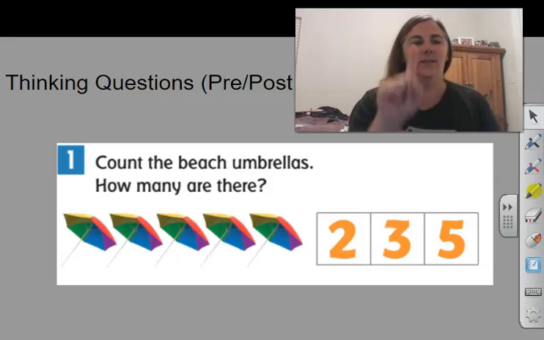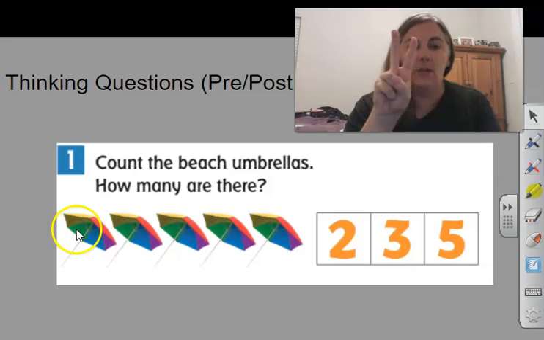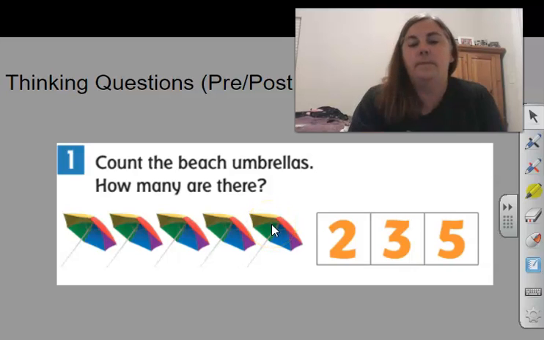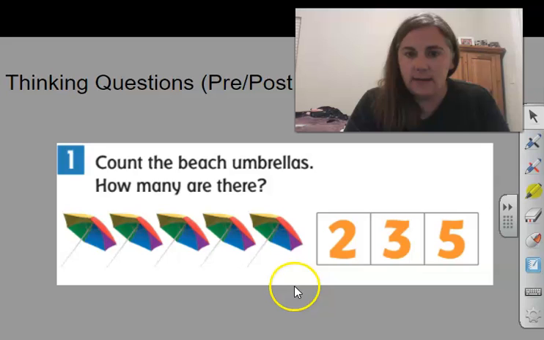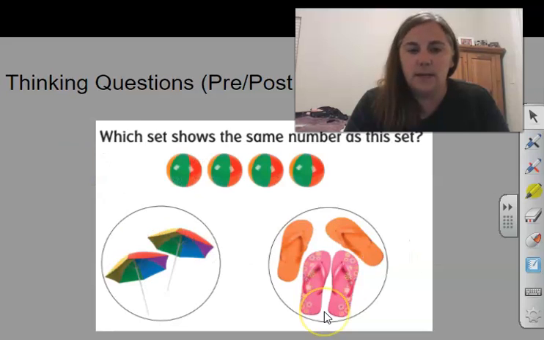Are you ready? 1, 2, 3, 4, 5. Good job listening and thinking. Continue to think on that because we'll need an answer at the end of our lesson.